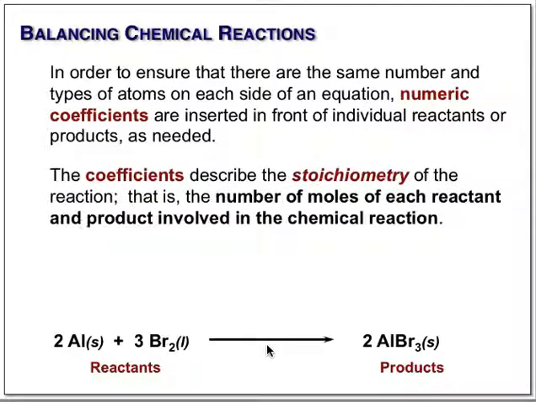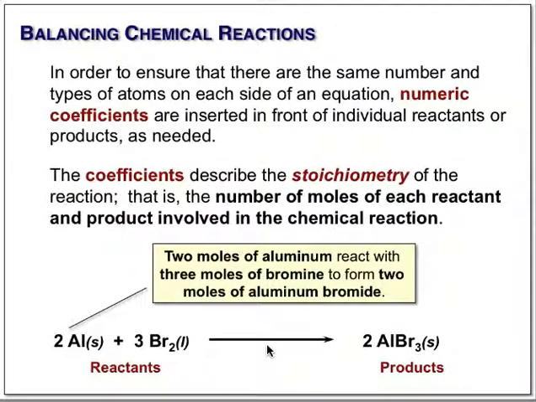In order to take an equation and make it balance like this, we insert these coefficients. The coefficients describe the stoichiometry of the reaction. That is, the number of moles of each reactant and the number of moles of product.